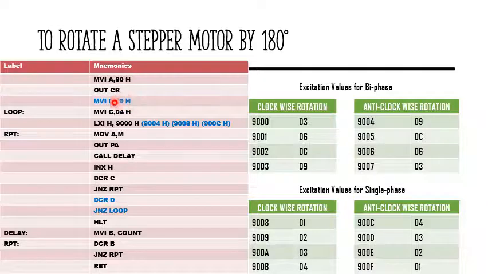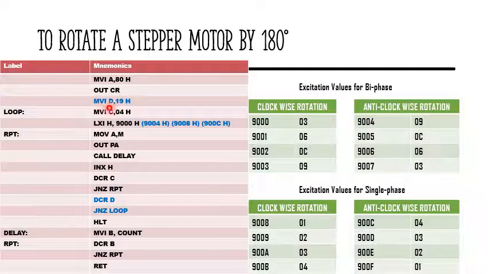That particular value is loaded as a counter in D register, and until that count value becomes 0, the program is in a loop. When this 19 becomes 0, the program comes out of the loop and it is halted. So the stepper motor rotates exactly 180 degrees.